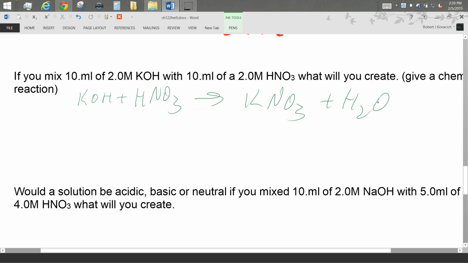Yep, they're the same. So I've got 2 molar of each and 10 milliliters of each, so they just cancel each other out, right? So I'm going to have 2 molar of this stuff over here? You can't really say 2 molar because that's not the only water that's there. Right. There's other water.